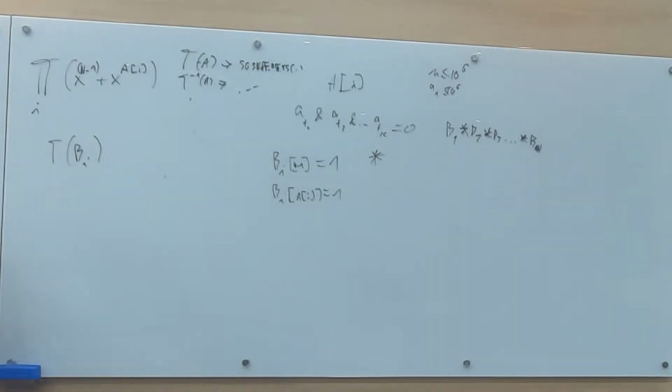So how does T for B_i look like? It's a sum over supersets. So my claim is that everybody is a sum over supersets. So everybody has n-1 as its superset, so they get at least one.